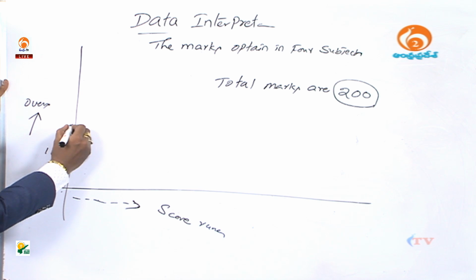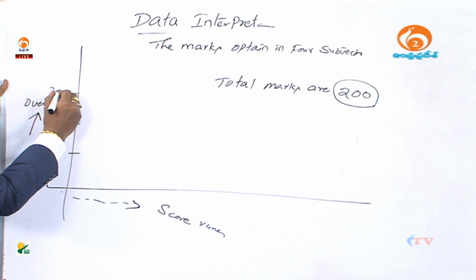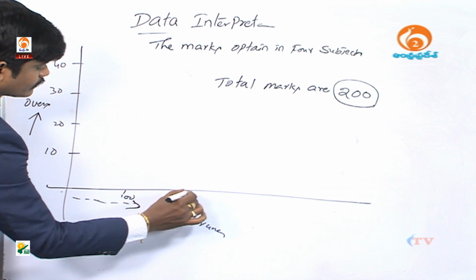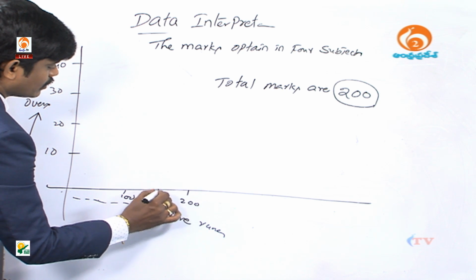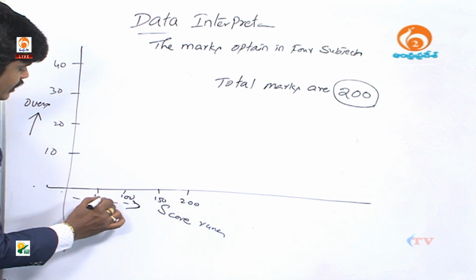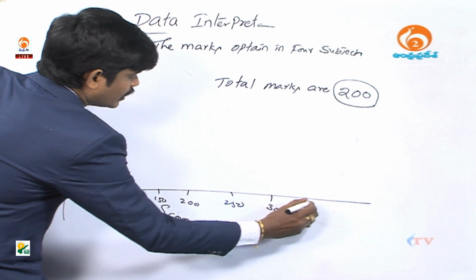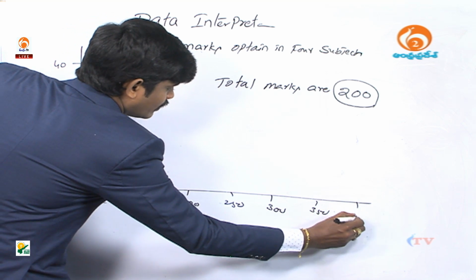Here 10 overs, 20 overs, 30 overs, 40 overs. Runs start from 50, 100, 150, 200, 250, 300, 350, and the final value is 400.